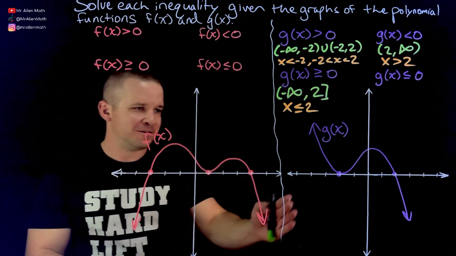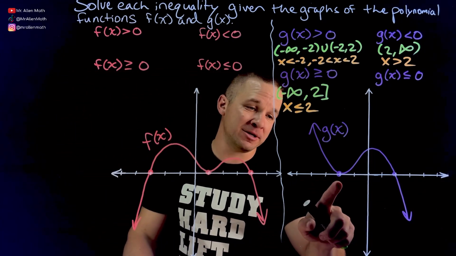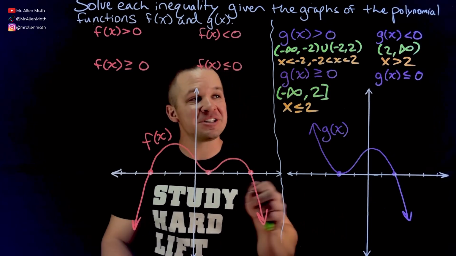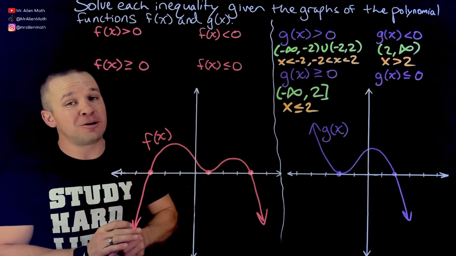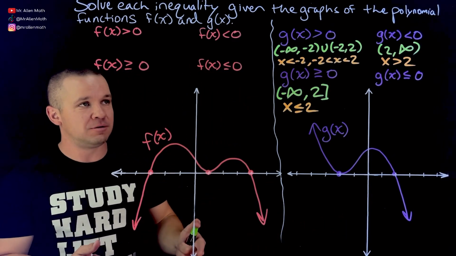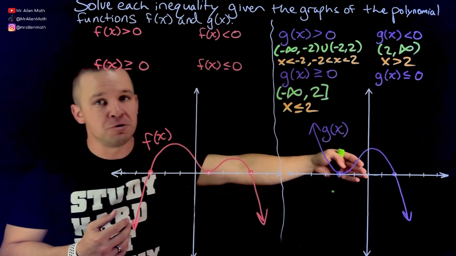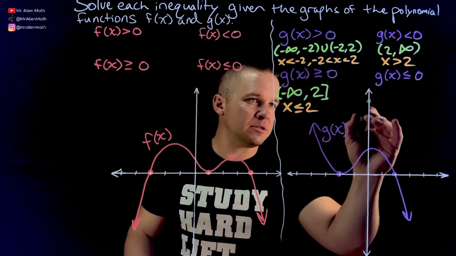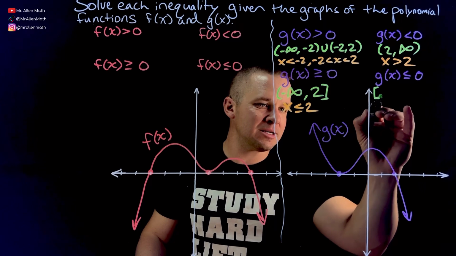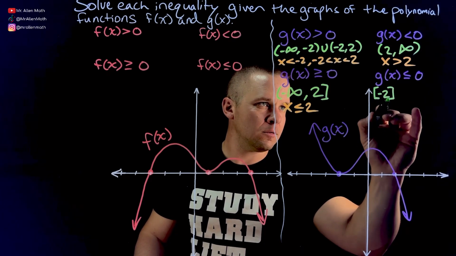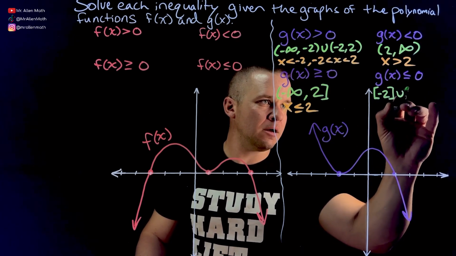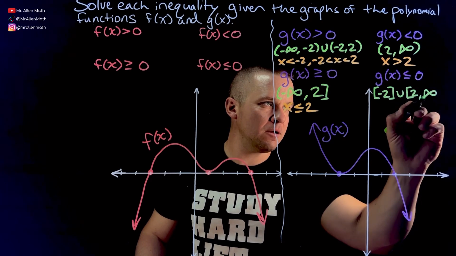How about g of x is less than or equal to 0? Just that stretch? What about that point? That is always a tricky one. It's easy to miss that. So we've got to include negative 2 and just negative 2, and then from 2 on. In interval notation, I see some teachers write it like this, negative 2, union, and then positive 2 to infinity.